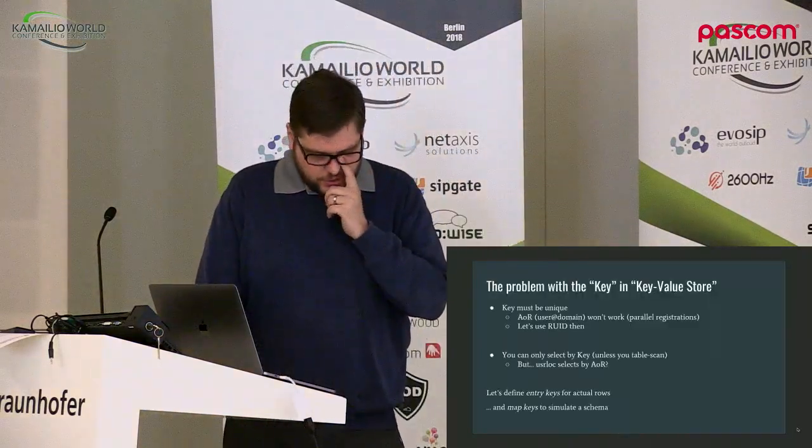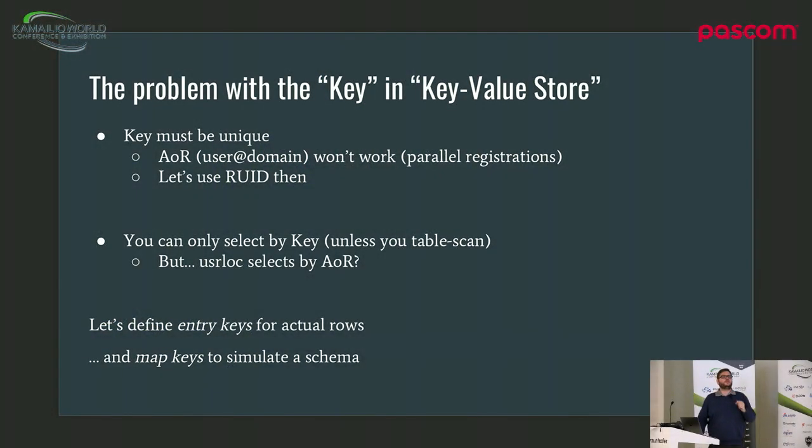Now the problem when you start to look into leveraging a key value store as a generic database backend for Kamailio is that you have this key in the key value store, right? And the key must be unique.